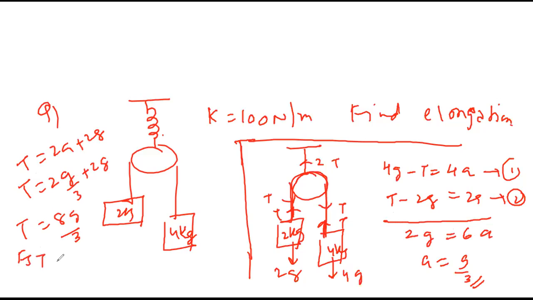Now spring force is equivalent to 2T. So K delta X is equivalent to 2 times 8G by 3. Therefore, I can say delta X. Okay, just copy till this.